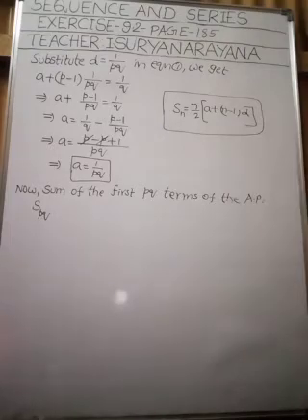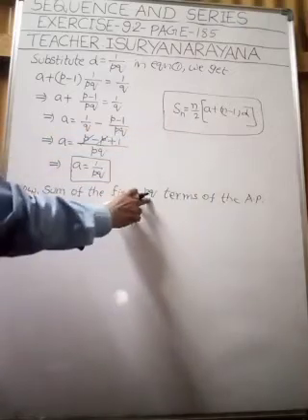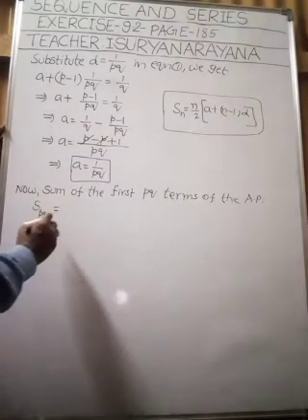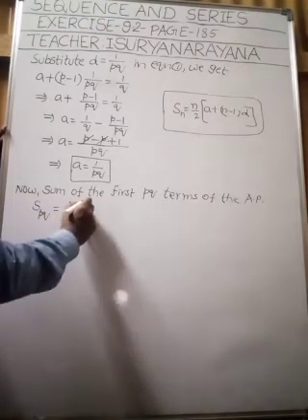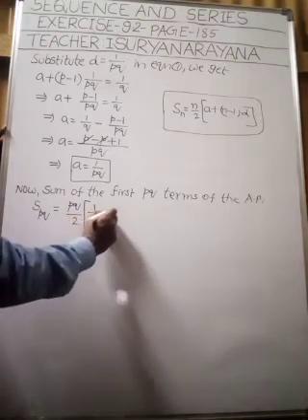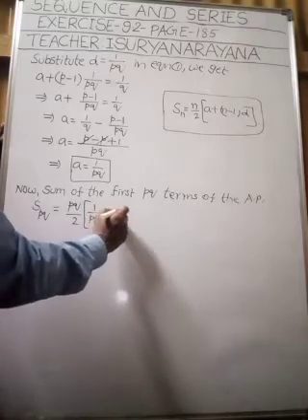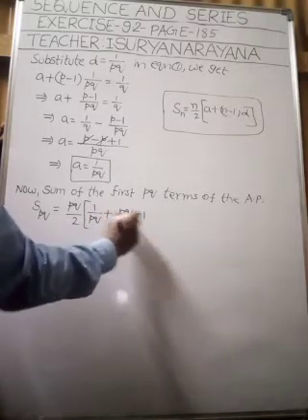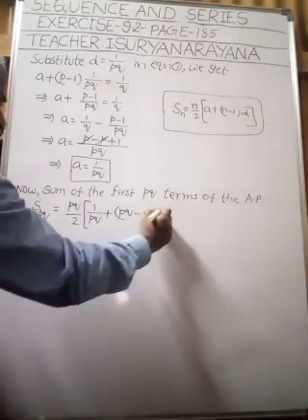Okay, my children? So, in the place of n, we write PQ. S_PQ is equal to PQ by 2 into (2 into 1 by PQ plus (PQ minus 1) into 1 by PQ). In the place of n, we write PQ. So, PQ minus 1 into 1 by PQ.